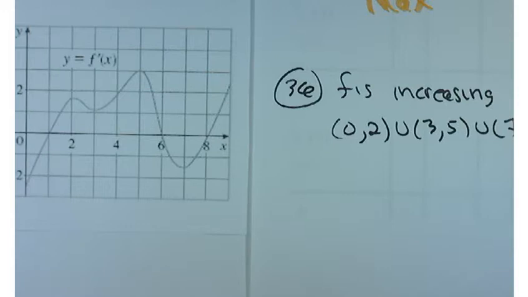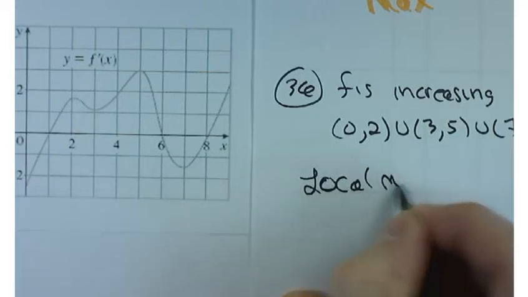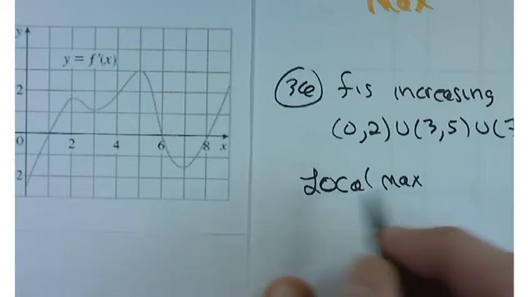It says, at what values does f have a local max or local min? In my way of reading this, it says, at what values of x does it have a local max or local min? So it's looking for the x values, not the y values.